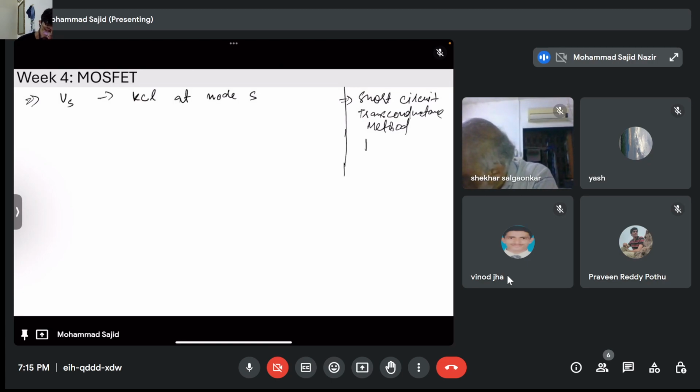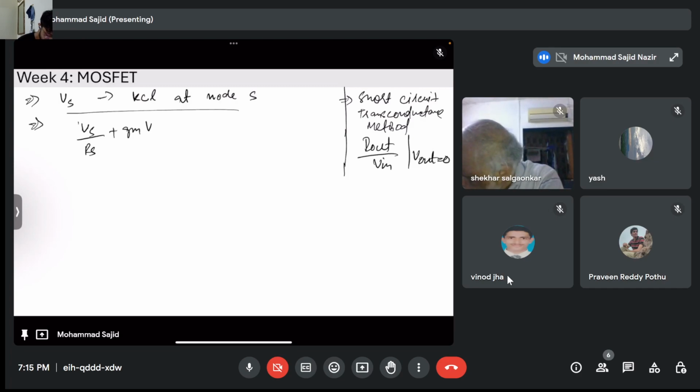Okay, so you need to calculate I output by V in, right? That will be with V output equal to zero. So at this node, we calculated the KCL as Vs by Rs plus Gm Vsg plus Gmb Vsb plus Vs by Rds equivalent to zero.